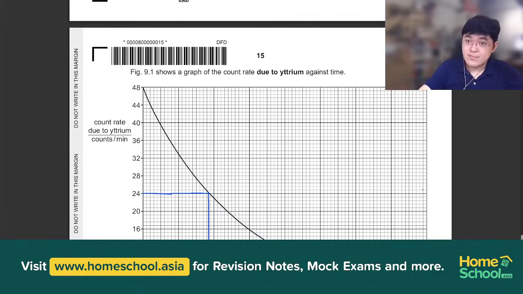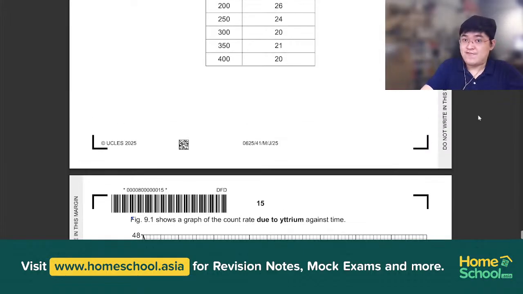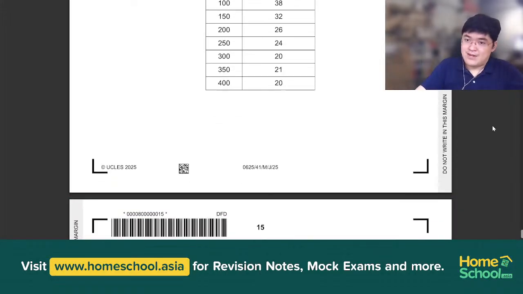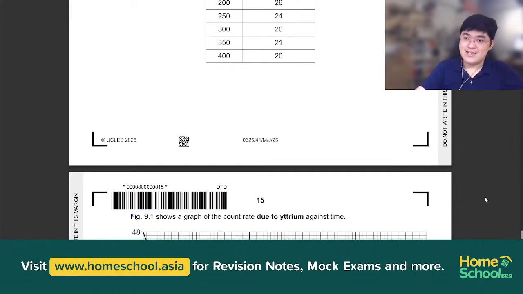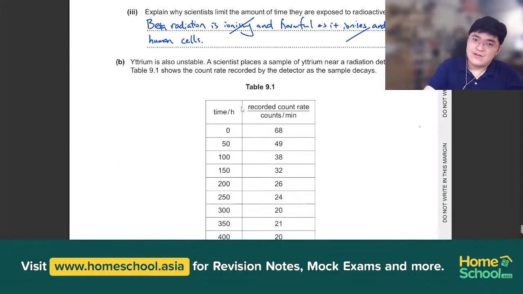The value on the graph is lower than the value in the table. But here's the clue: in the graph, it's stated here, count rate due to yttrium, counts per minute. In our table is recorded time and count rate, which is counts per minute.